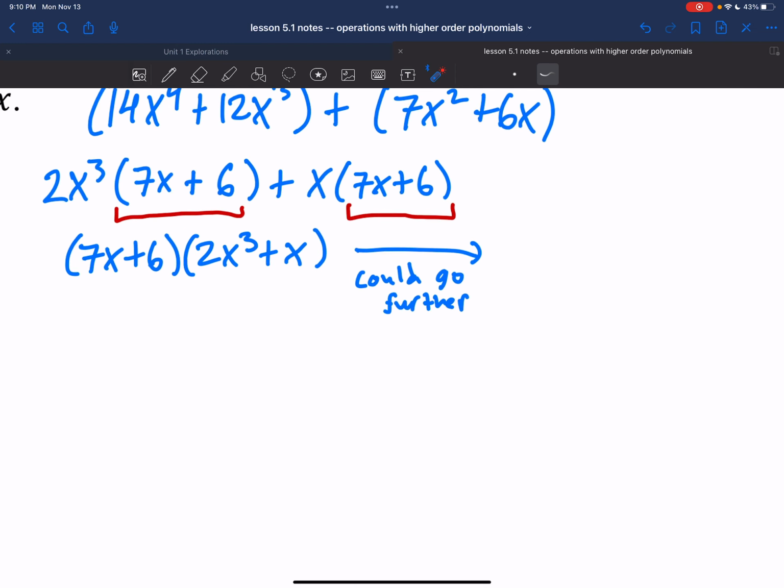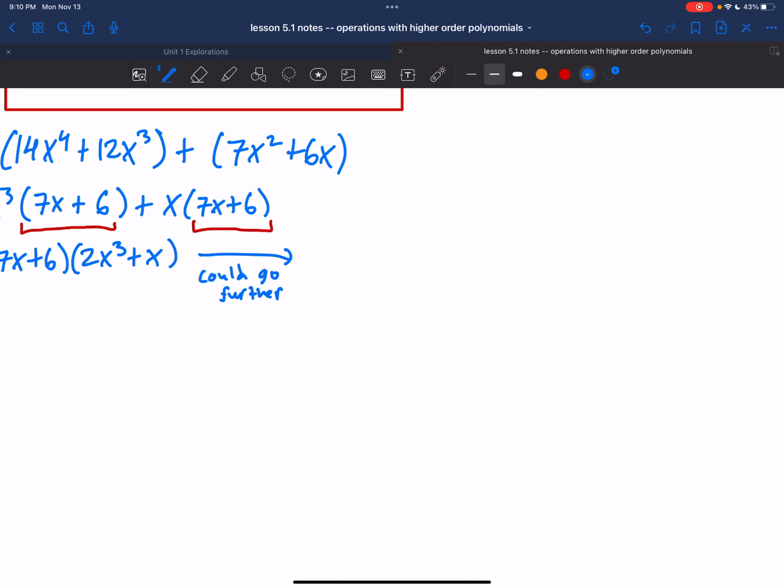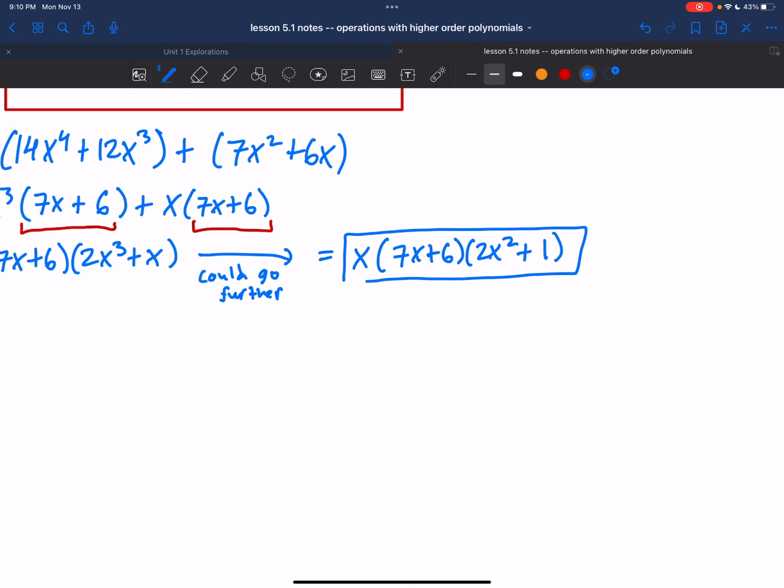I probably could have factored that x out. If you look here, this has x cubed, this has an x, there's still a GCF in there. You could actually factor this further as x, and then I have my 7x plus 6, and then my 2x squared plus 1. I could go further, like so.